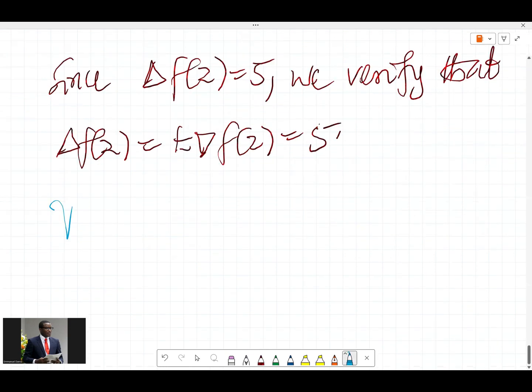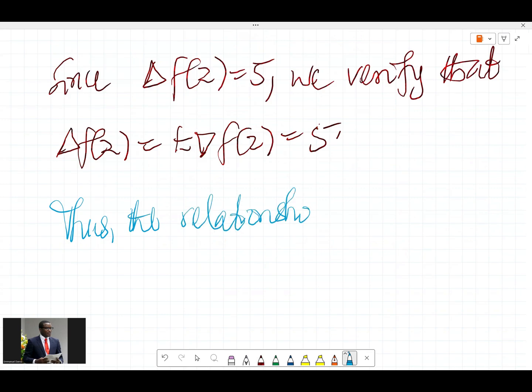Thus, the relationship holds. So in conclusion, these examples demonstrate how finite difference operators approximate derivatives and how they relate to each other in numerical differentiation.